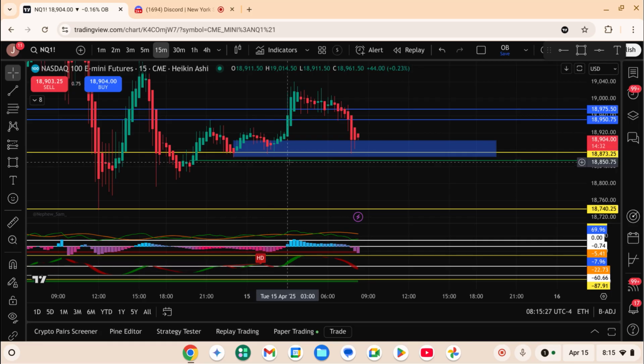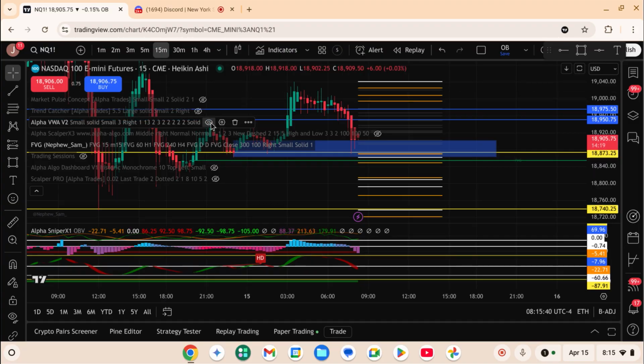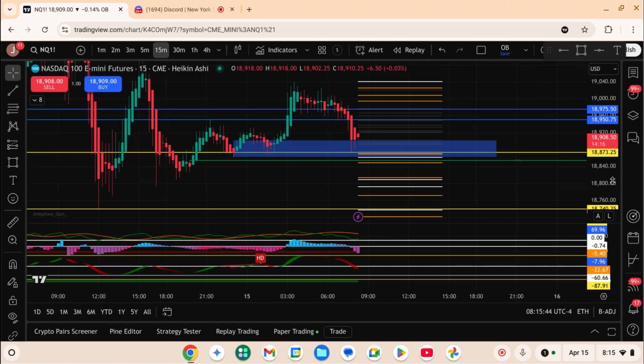So I might look to fill this gap here first before going back up. Let me see something real quick. Yeah, there's a lot of liquidity around that gap right there.